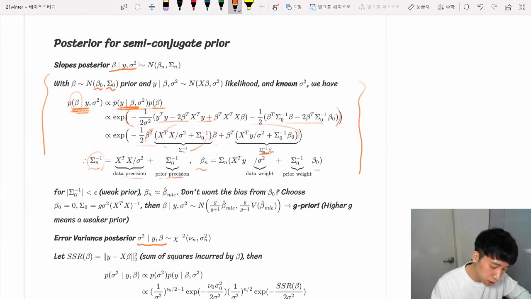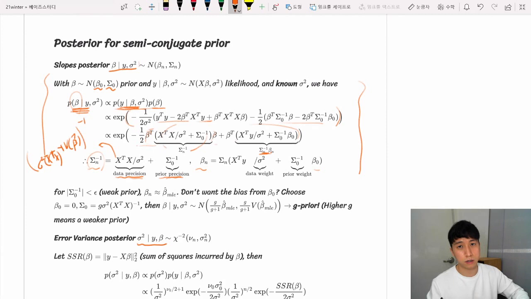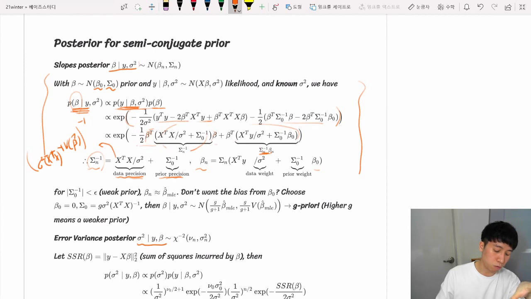This is prior precision because we have defined it to be, and this is called data precision because this one is actually the variance of the beta MLE, which was this, right? And you take the inverse of this, and we have a data precision because the MLE is the optimum point of the data, and this one is the inverse of the MLE variance.